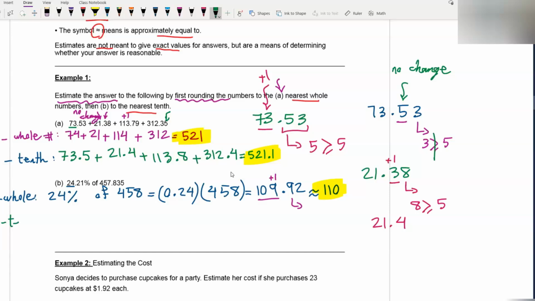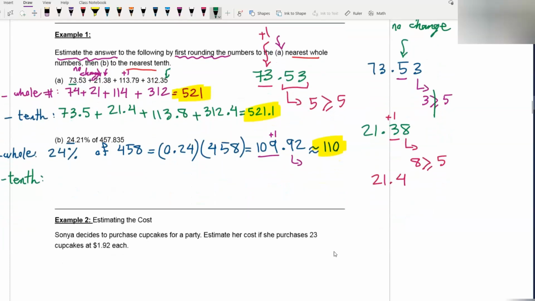Next one, we have to round to the nearest tenth. So we had, I'm going to write that one here, 24.21%. Rounding to the nearest tenth. This is the tenth place. Looking to the right of our tenth place, we have 1. We have to see if this is greater than or equal to 5.